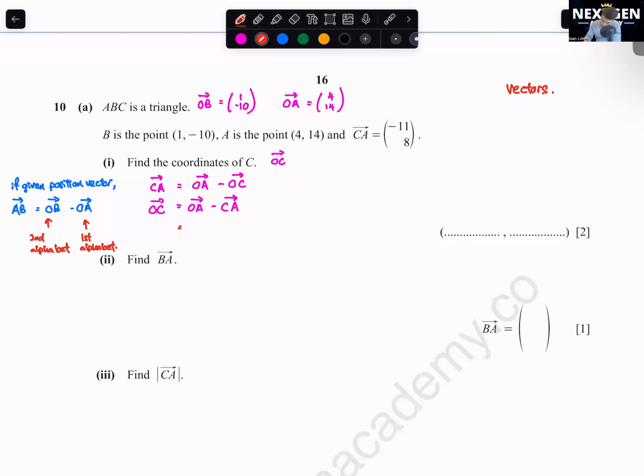OA is 4, 14 minus negative 11, 8. So my answer will be 4 minus negative 11, 14 minus 8, which is equals to 15, 6. So 15, 6 will be my answer here.